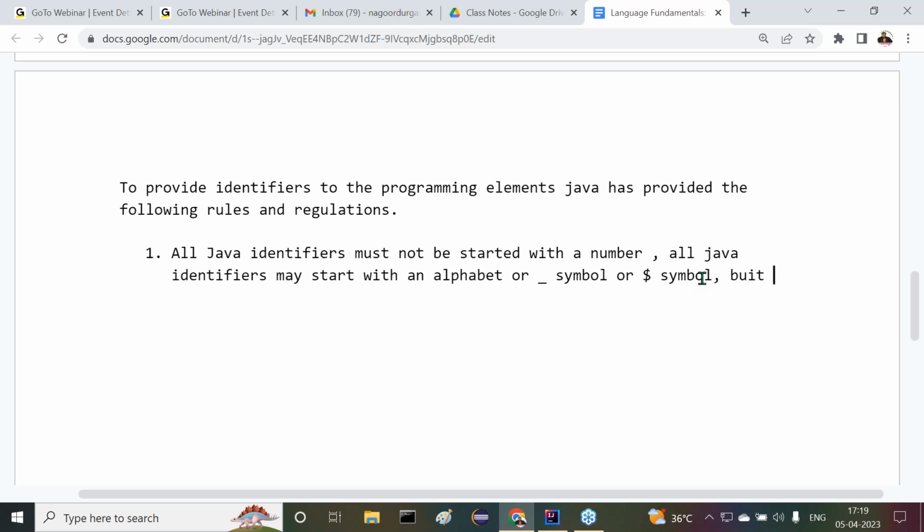But the subsequent symbols may be a number or an alphabet or underscore symbol or dollar symbol.